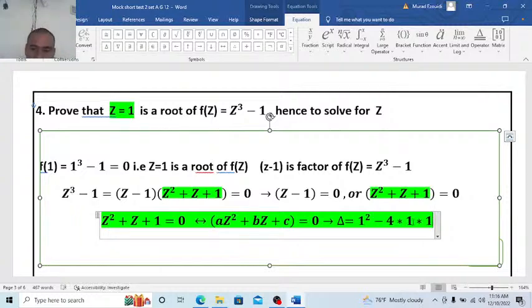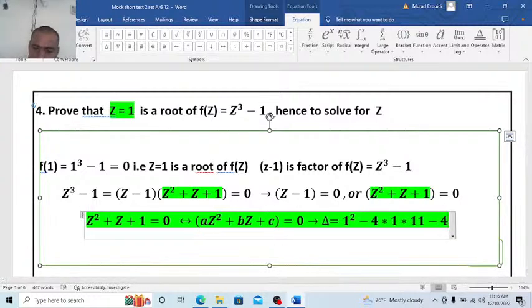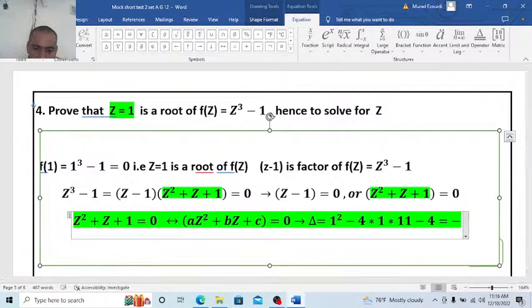Then this equals 1 minus 4, which is minus 3.